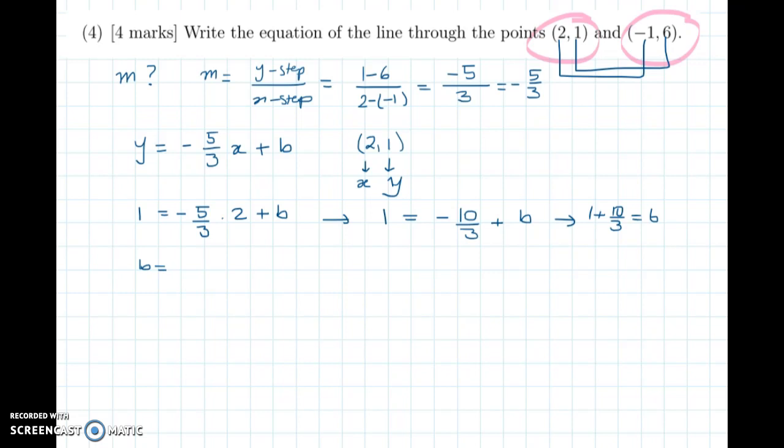Taking common denominator, instead of writing 1, we can write 3 over 3 plus 10 over 3. That's 13 over 3. Yes, I'm assuming that you can do operations with fractions. You should be able at this point. So we can now write the equation of the line: y is equal to negative 5 over 3 x plus 13 over 3.